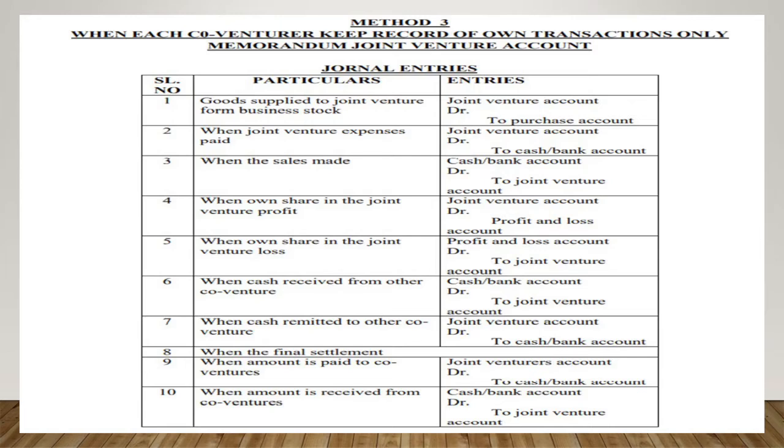When cash remitted to other co-venturer: co-venturer's personal account debit to cash account. When the final settlement amount is paid to co-venturer: joint venture to bank account. When received from the co-venturer: cash or bank account debit to joint venture account.